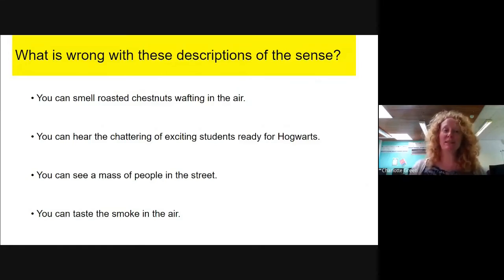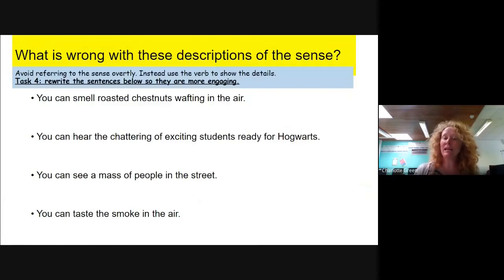So you might have noticed that they all refer directly to the sense, and you don't need to do that because it will be implied in the other words that you are using. So you don't need to state explicitly, this is something you can smell, hear, taste, touch.